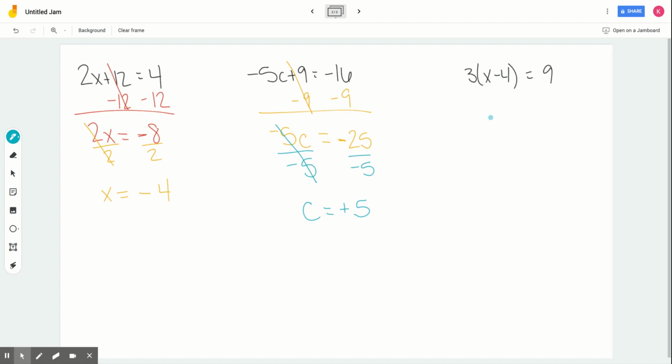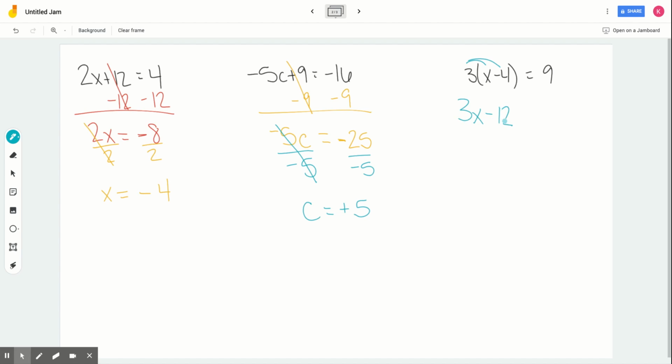Now take a quick look here at this third equation. 3 times the quantity of x minus 4 equals 9. Try to decide what the first step would be. If you said to use the distributive property, the arrows or the rainbows, you are correct. So 3 times x is 3x. 3 times negative 4 is negative 12.